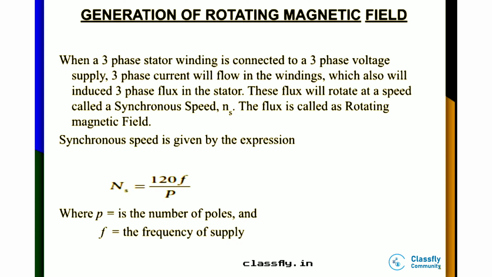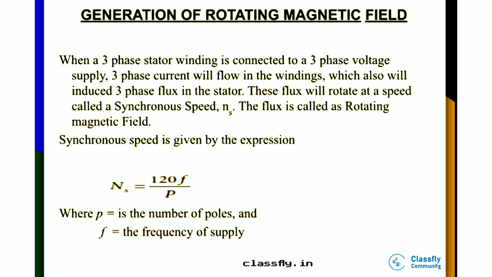We know that in the electromagnetic induction principle, whenever we move the coil in the magnetic field, there is a change in the flux. As there is a change in the flux, an EMF will get induced and that EMF will cause the current.